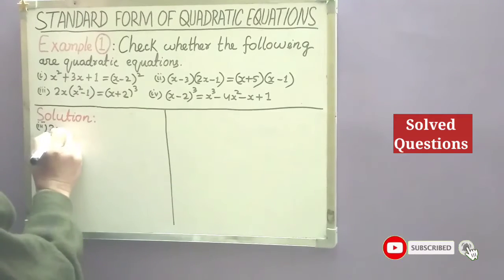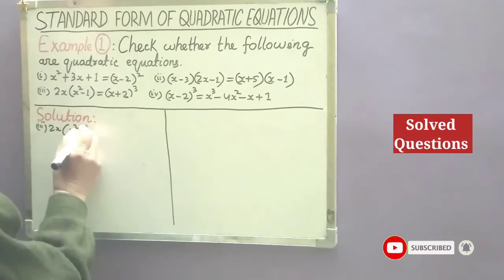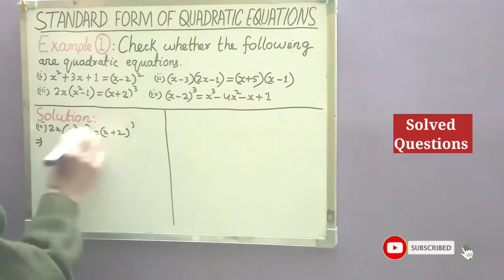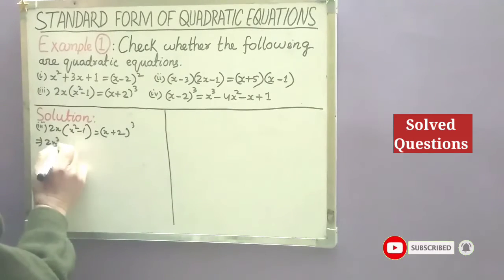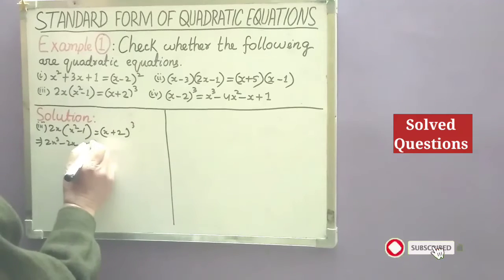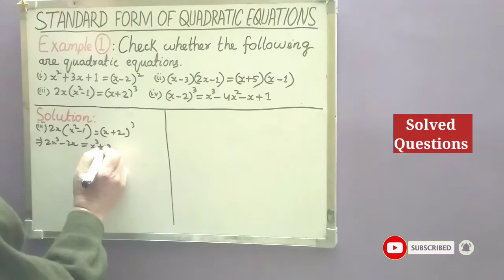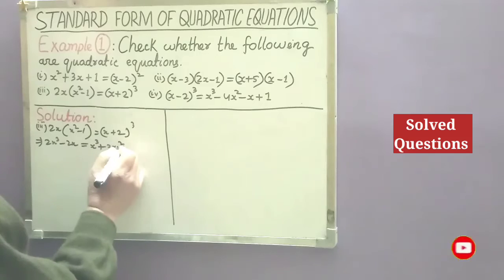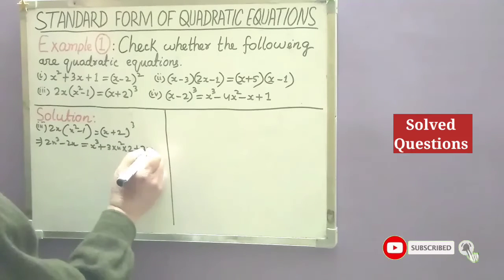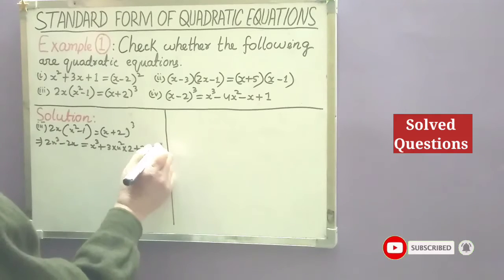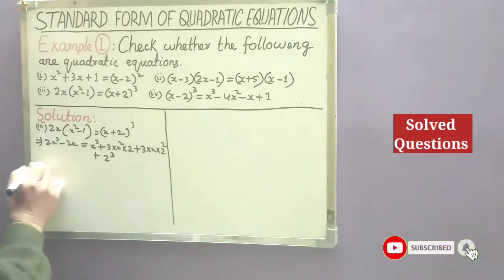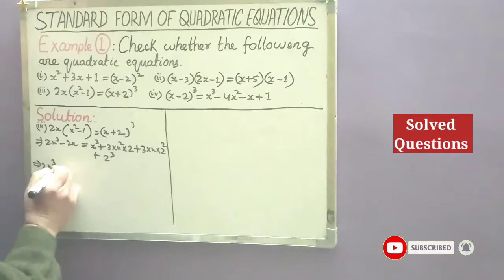Third part, 2x(x² − 1) = (x + 2)³. That implies that 2x³ − 2x = x³ + 3·x²·2 + 3·x·2² + 2³, that is using the formula of (a + b)³.